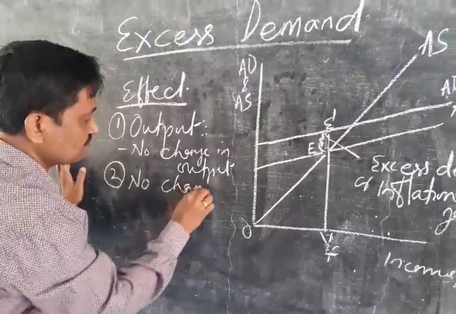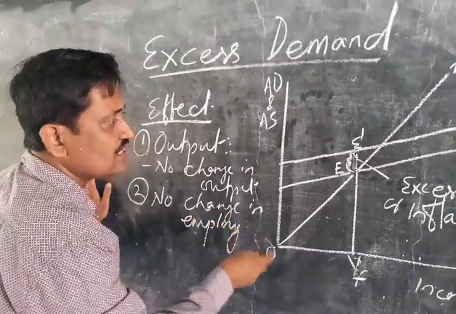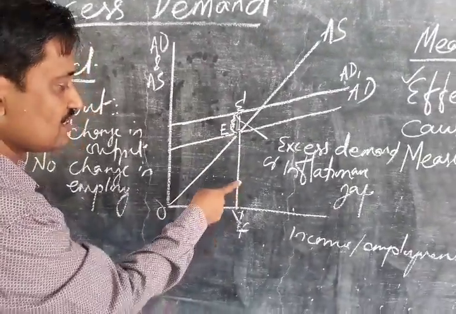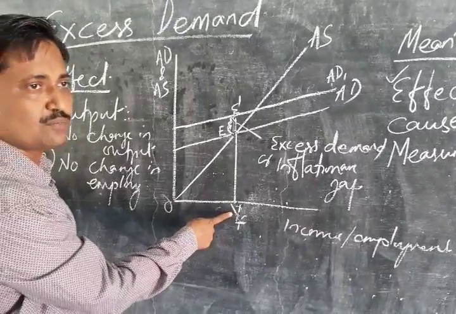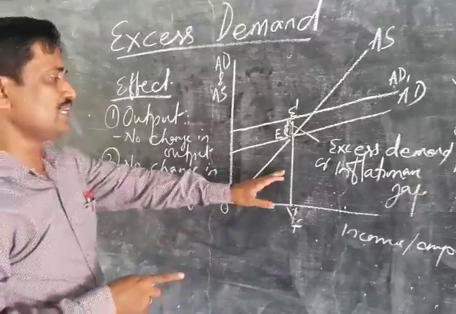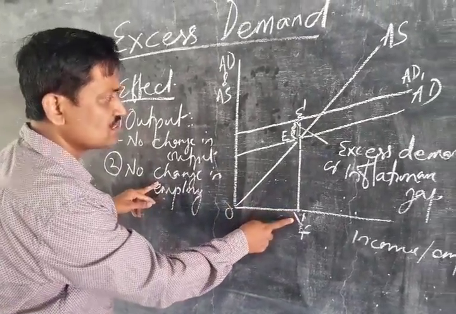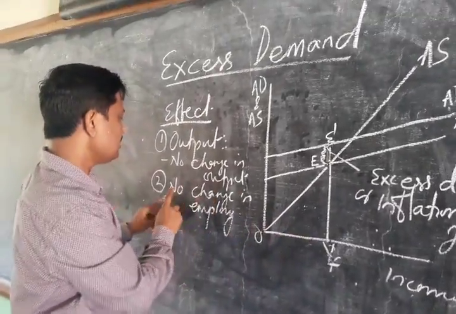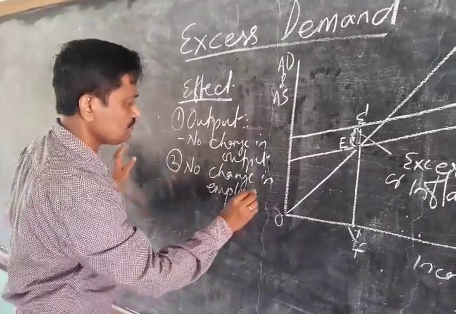Why will employment not increase? Because we have already achieved full employment. Once the economy achieves full employment, everybody who wants to be employed is getting employed, so the economy cannot increase employment levels further. So there will be no change in employment.